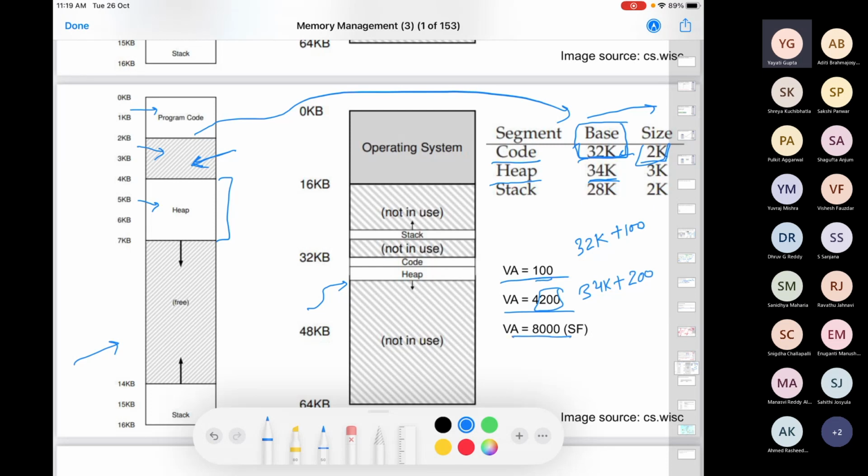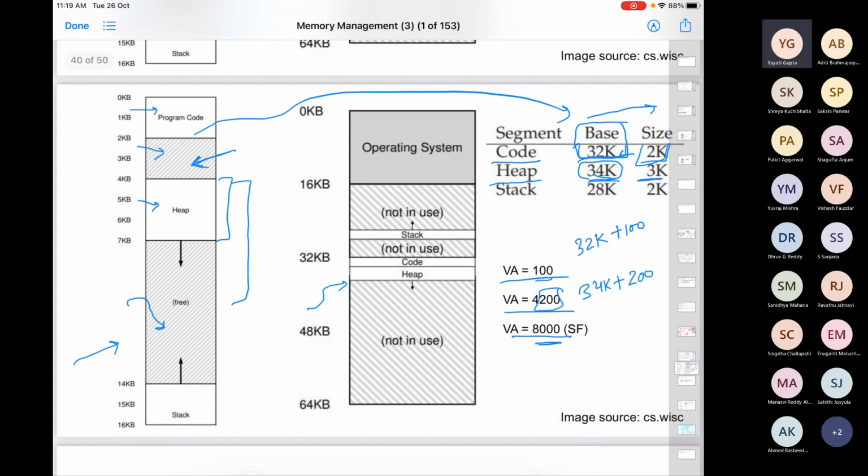If the virtual address is 8000, 8000 is somewhere over here. So it still falls in this heap section. You start with this 34K, but if you look at this limit register here, the size, which is 3K, this 8000 exceeds 3K. So there will be a trap here.